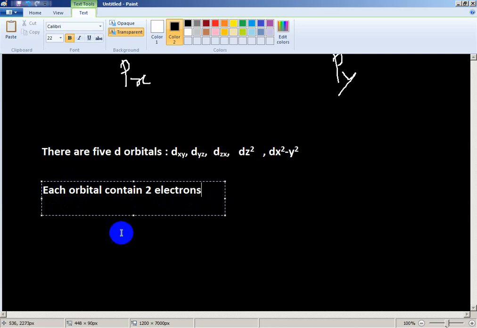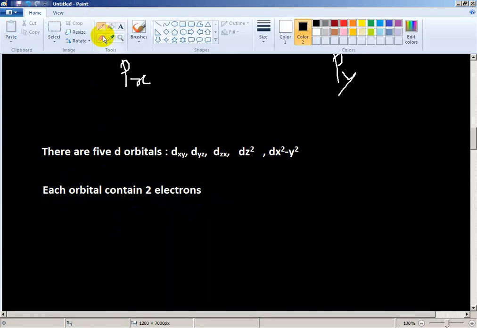So the 1s orbital, how many electrons can it contain? 2 electrons.